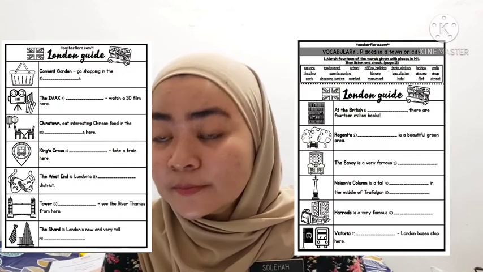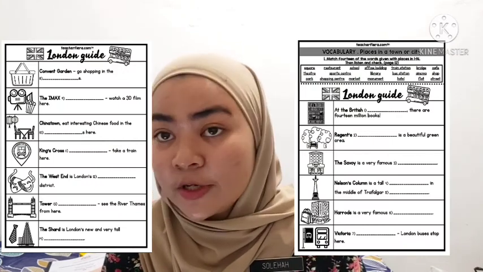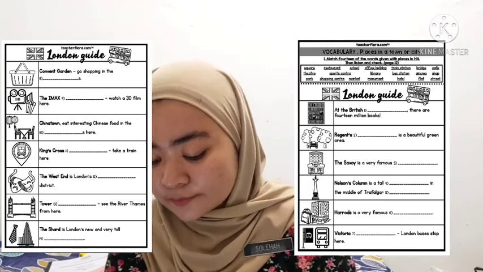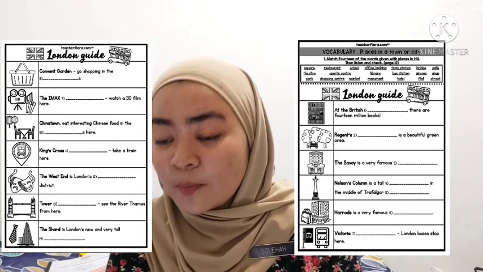Okay, so next I am going to give you a worksheet, the activity 1 worksheet that you can download in the GC that I've provided. You may print the worksheet or you can simply copy it on a piece of paper and then make sure to keep it, okay?